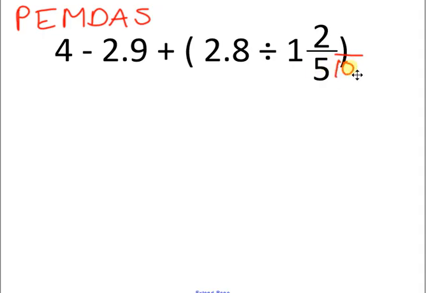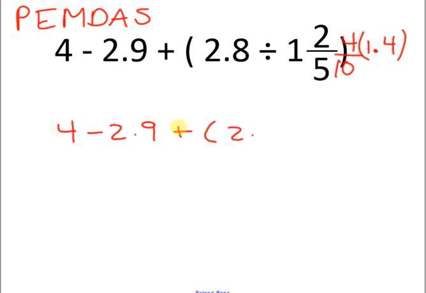So 5 goes into 10 2 times, so then 2 times 2 is 4 tenths. So it's going to be a 0.4, and there's a 1 in front of it, so 1.4. Okay, so let's go ahead and rewrite it. 4 minus 2.9 plus 2.8 divided by 1.4.